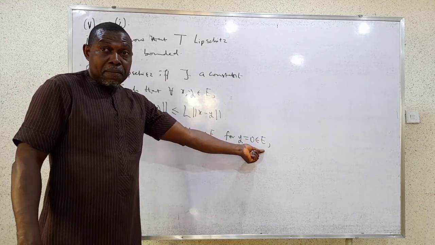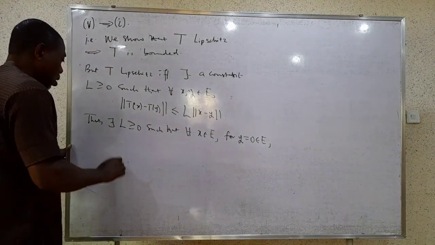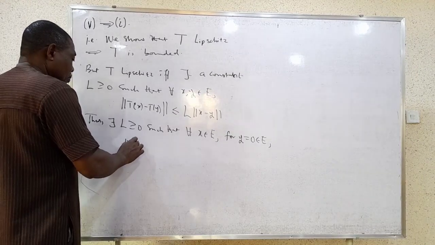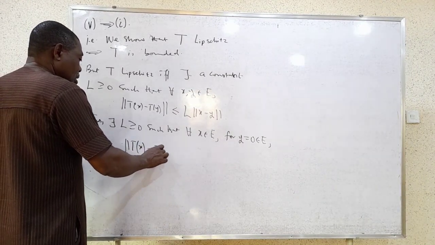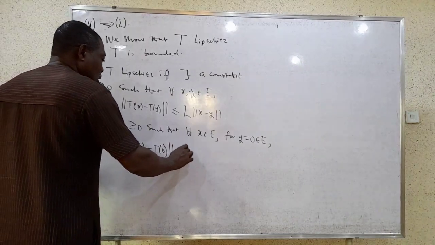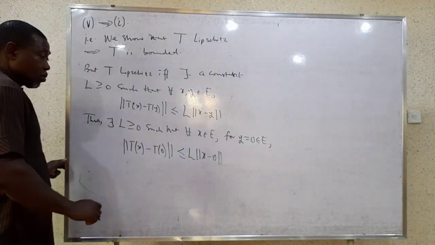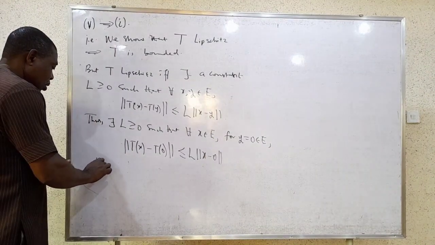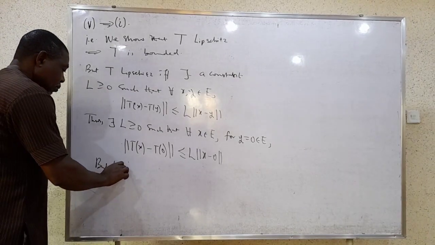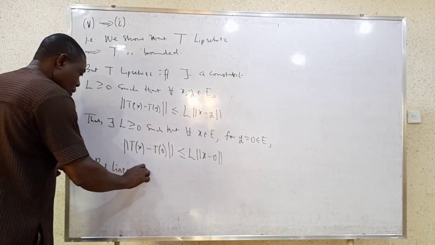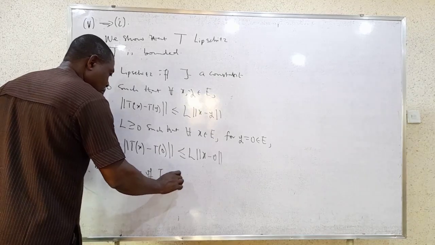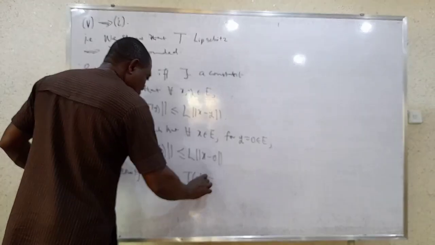For y equals 0 in E, norm of T of x minus T of 0 will be less than or equal to L norm of x minus 0. But linearity of T implies that T of 0 is equal to 0.